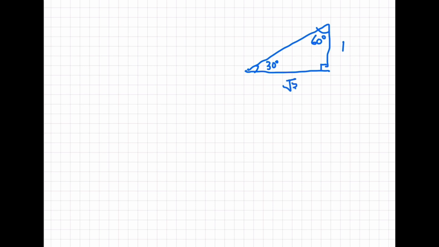This is square root of 3. This is 2. So now I can simply derive the different trigonometric functions for the angle 30 degrees. So let me put it here. Cotangent, secant, and cosecant.